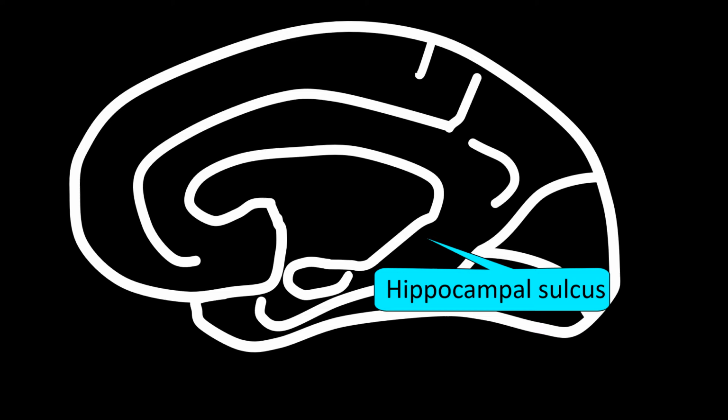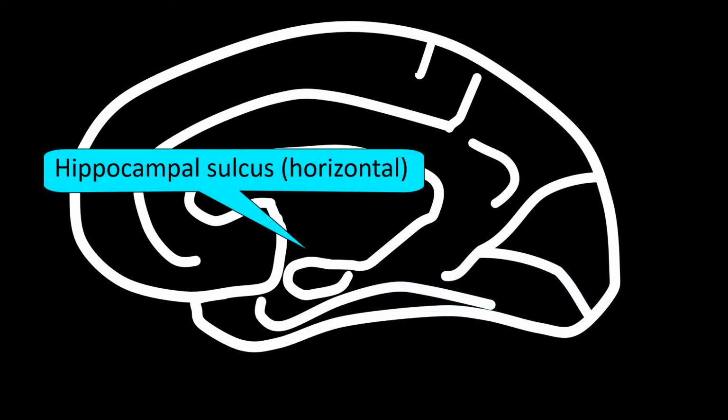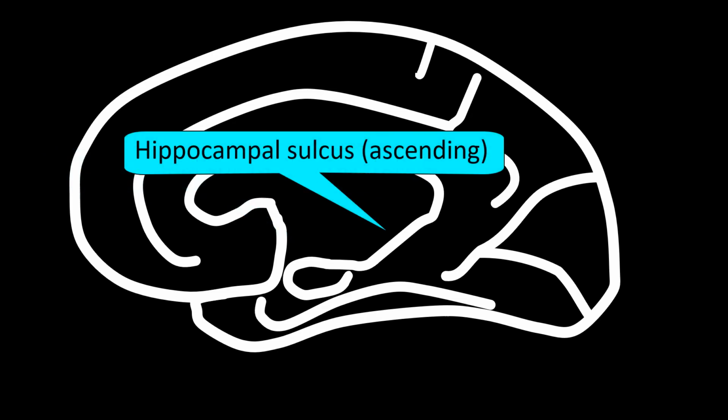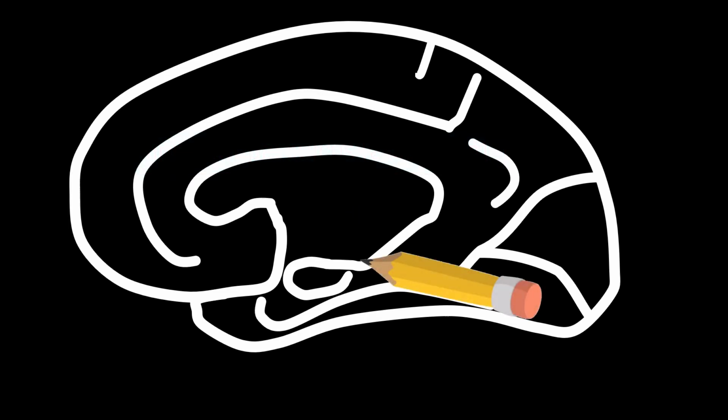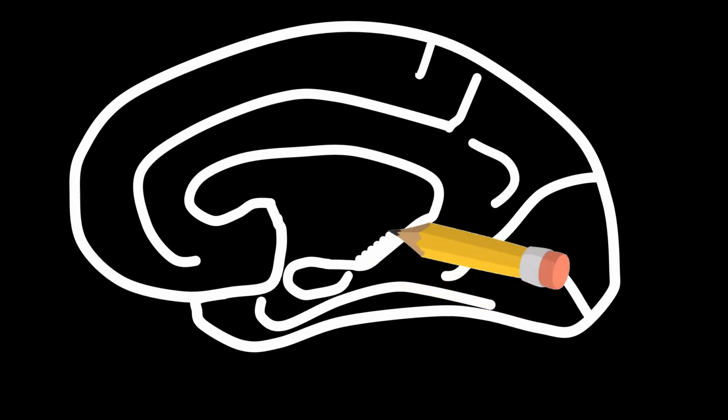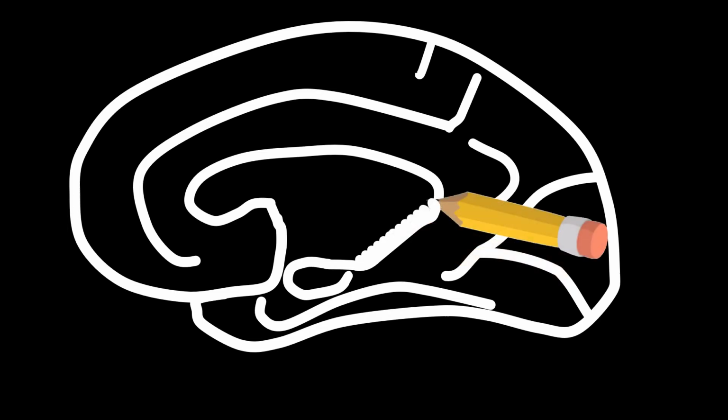Then go to the ascending portion of the hippocampal sulcus, specifically where the horizontal portion and the ascending portion meet. And starting there, right on the ascending portion, draw a succession of little bumps till you reach the end of the slanting up line.